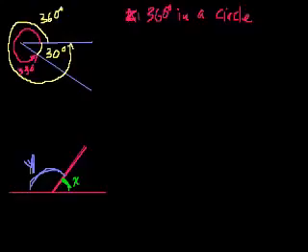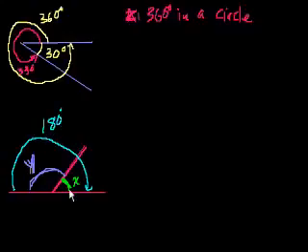What do we know about the relationship between X and Y? Well, we know that the entire angle is half of a circle, right? So that's 180 degrees, this entire angle. So what are angles X and Y going to add up to? Well, X plus Y are going to equal 180 degrees.